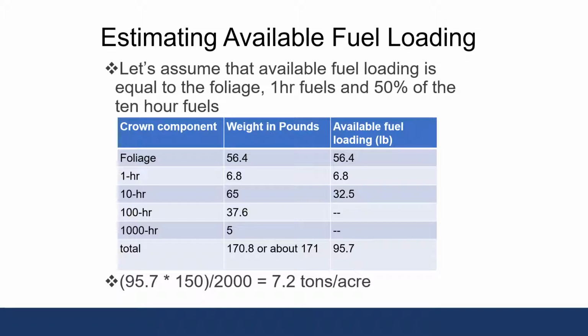For the 10-hour fuels, I divided our estimate in half and then added that to the column. I then crossed out all the other fuel values and added the numbers up, multiplied by 150 to get a stand average, and then divided by 2,000 to get tons per acre. You can see that our available fuel loading estimate is 7.2 tons per acre.